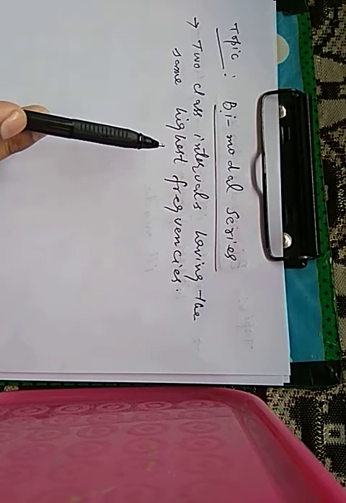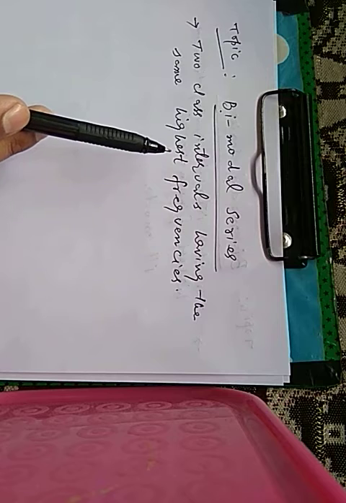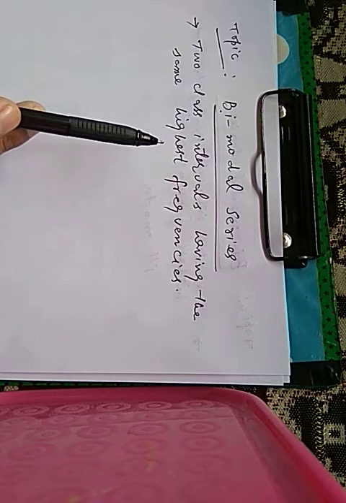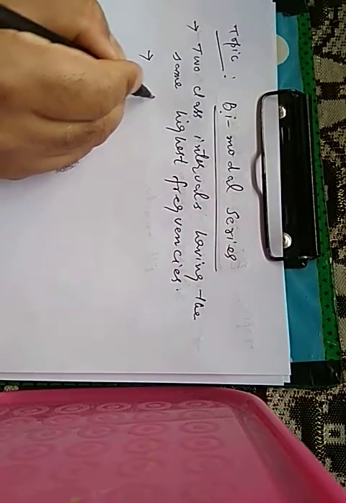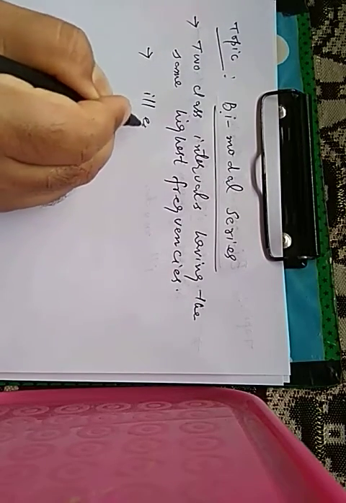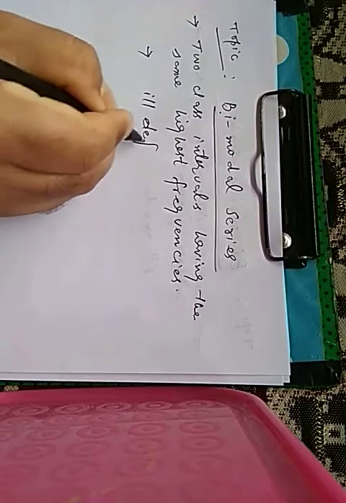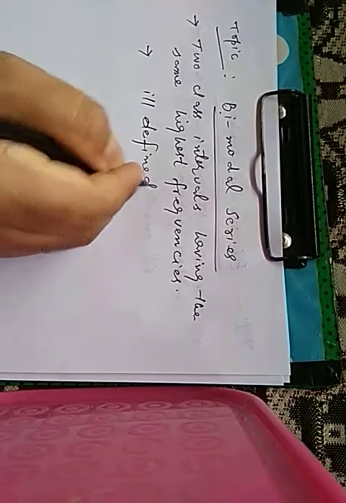Since there are two modal classes having the same highest frequencies, it is not possible to locate which one is the modal class. In short, we can say it is an ill-defined mode.